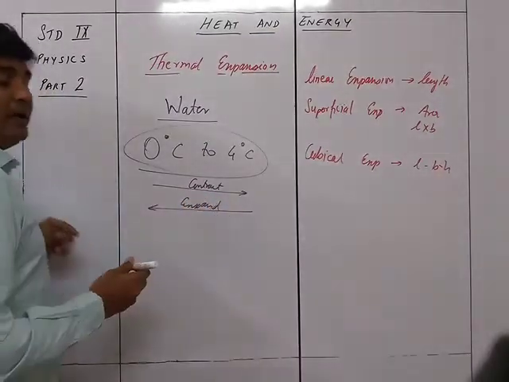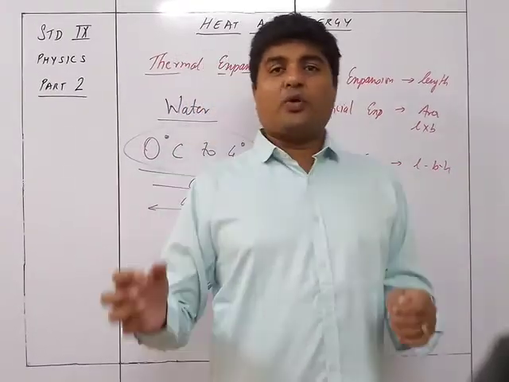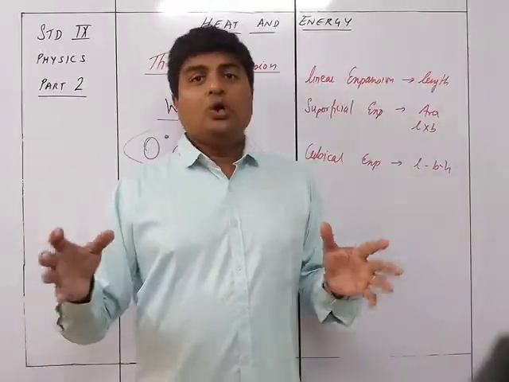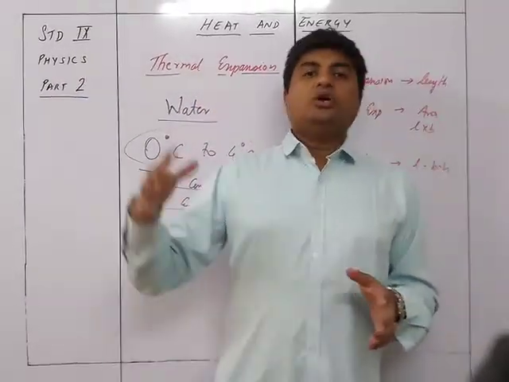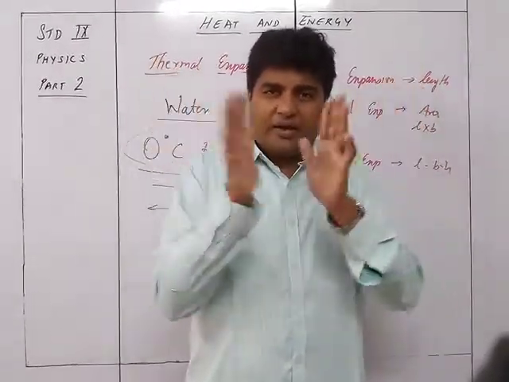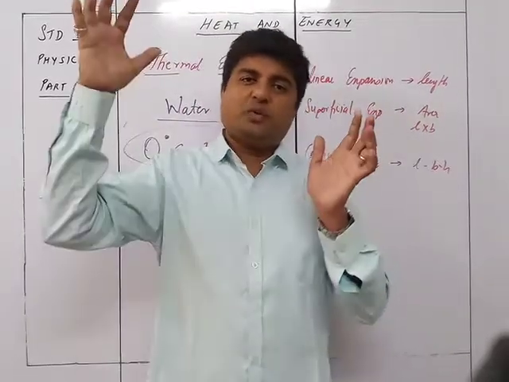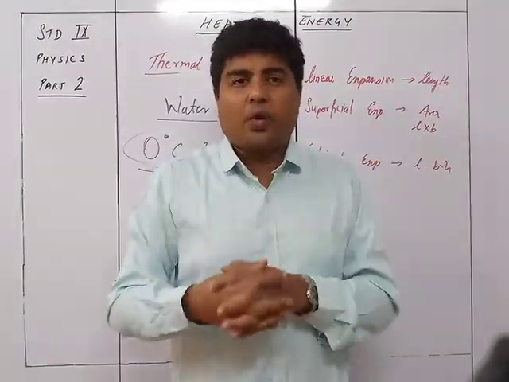Expand. So it is seen that water, suppose I have water at 20 degrees Celsius, and I start cooling it, so till 4 degrees Celsius it will keep on contracting. The size will keep on decreasing, so from 20 degrees Celsius to 4 degrees Celsius its volume keeps decreasing.